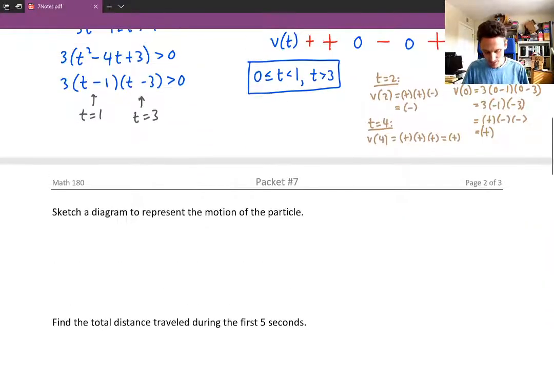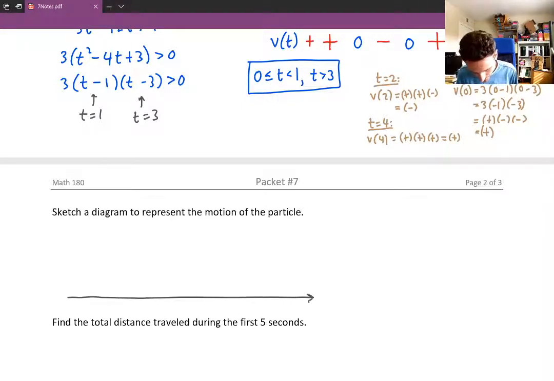Alright, moving along. The next part says to sketch the diagram to represent the motion of the particle. Here's what this means. It means we're going to draw a position number line, and I'm going to label that number line S. We're going to show what the path of the particle is above this number line.